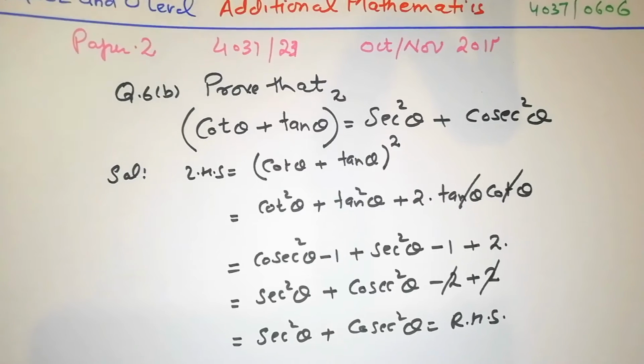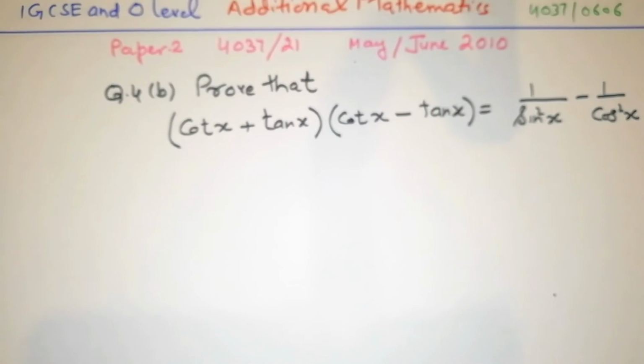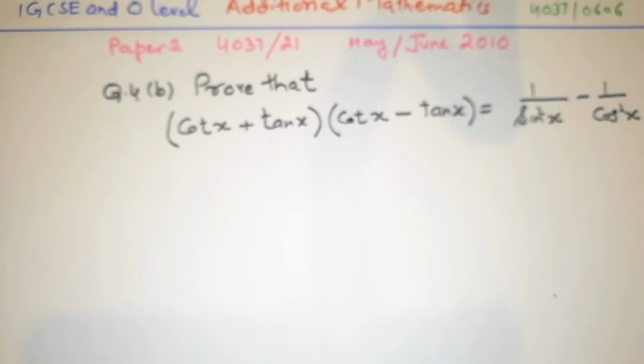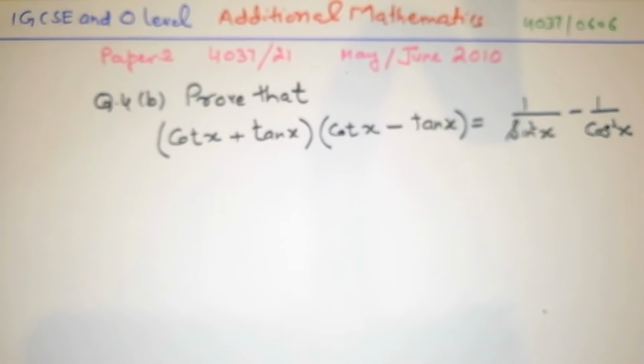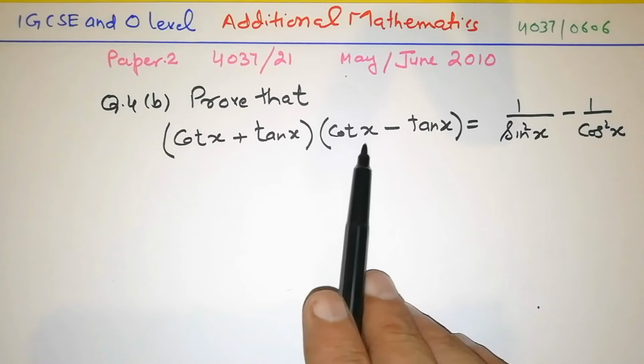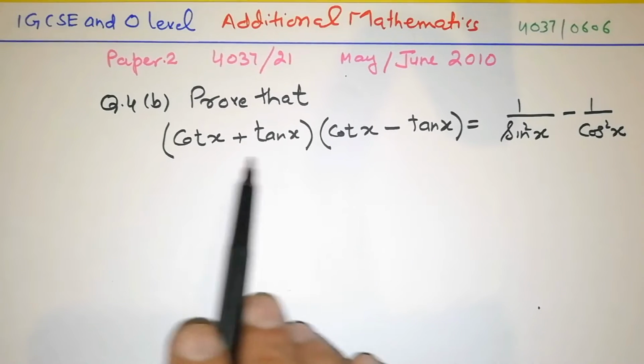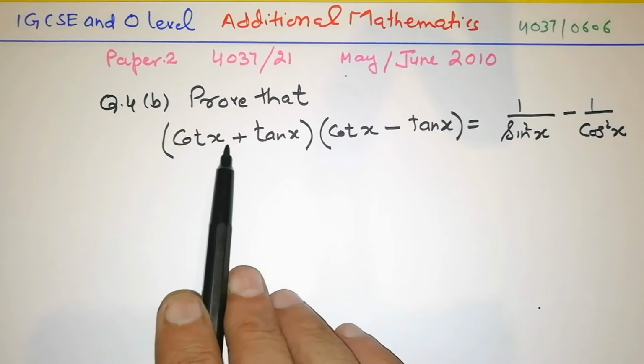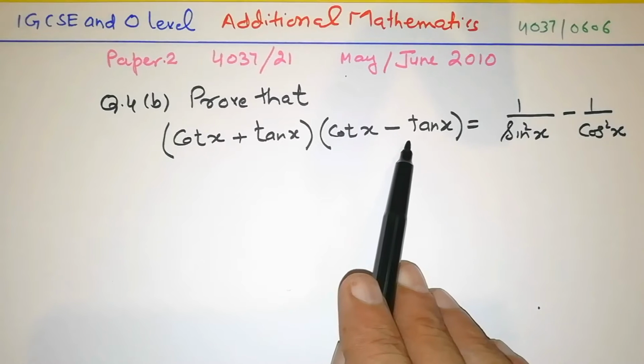So students, come to our next question. See here, this is cotangent x plus tangent x, and cotangent x minus tangent x; cotangent and tangent are being added and subtracted here.